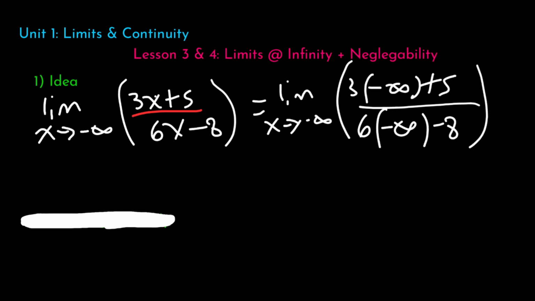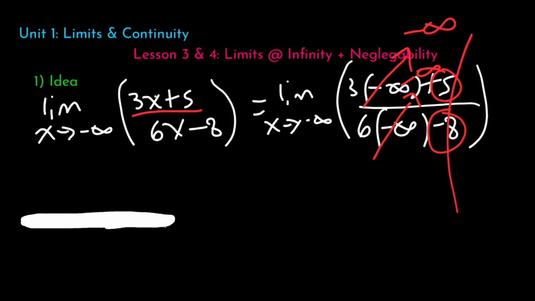Now if you think about it, do these values here even matter? Because if this is going to go to negative infinity, and this is going to go to negative infinity, then these are, well, we'll get into it later, negligible. But for now, just think of this concept. If this goes to infinity and this goes to infinity, these don't really matter.